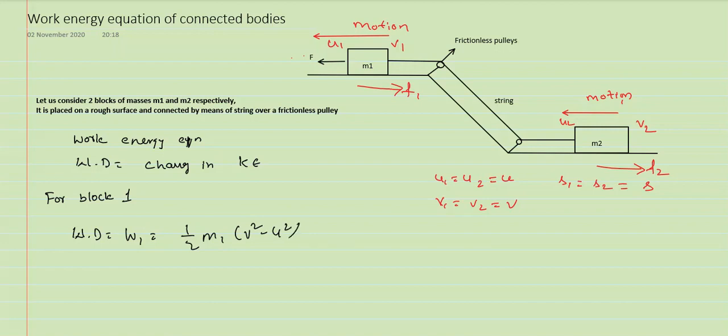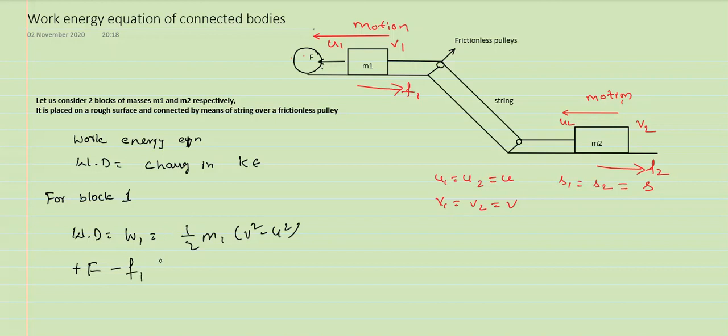Work done is nothing but force times displacement. Here F is the force applied on it. Work done is force into plus F, since it is positive, because it is moving towards the motion, in the same direction. But F1 is opposite to the motion, so that is minus F1.